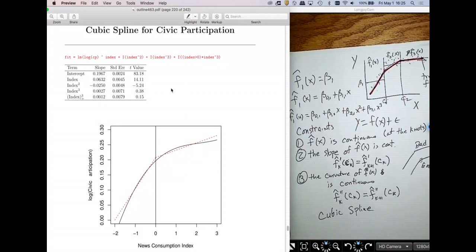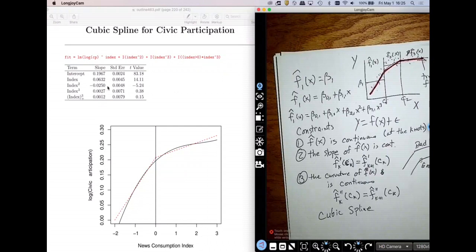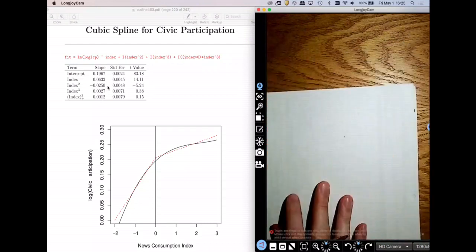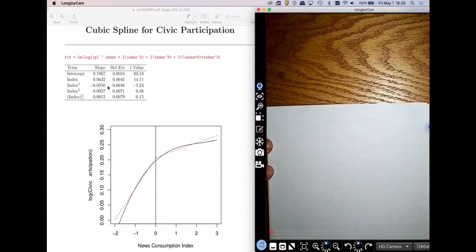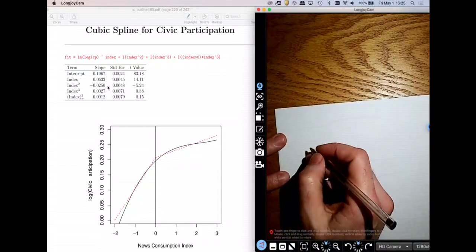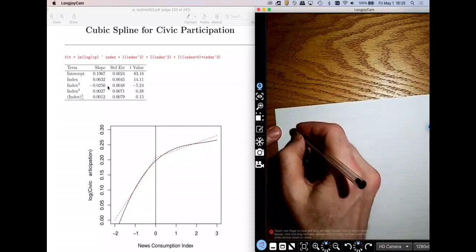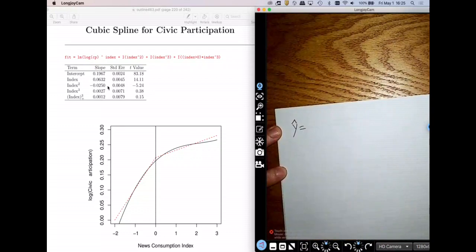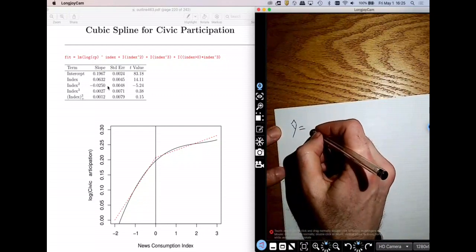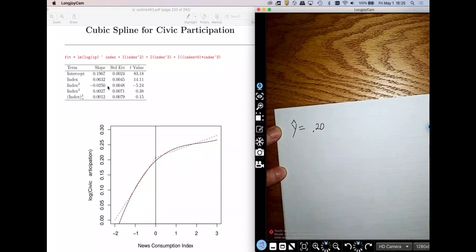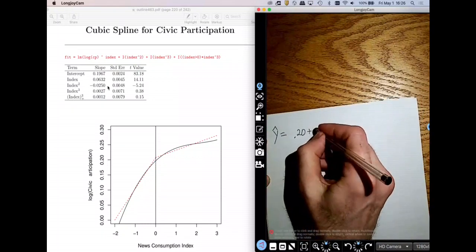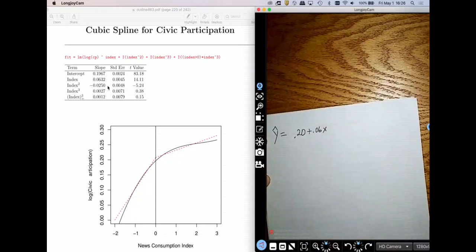Well, this is our output from R, and let's go write out the equation. So the equation is going to be y hat is equal to, I'm going to round that intercept to be 0.20, plus 0.06 times x, where x is the amount of news that you consume as an index on the x-axis and your civic participation is on the y-axis.